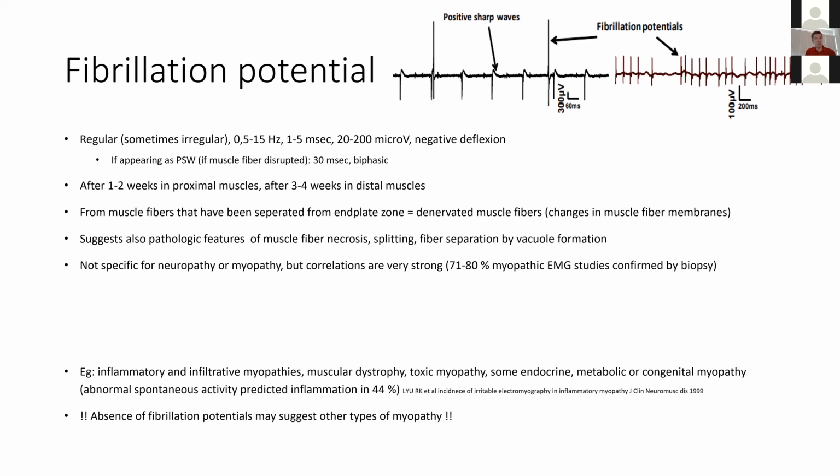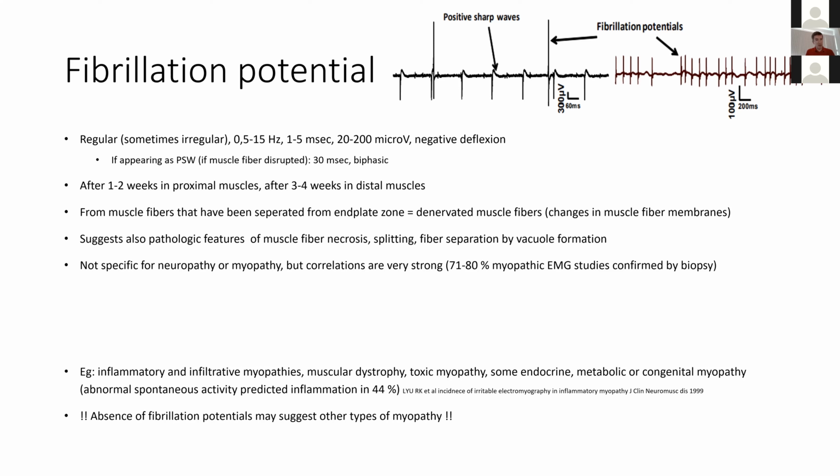However, fibrillation potentials are a clear sign of disease. They fire regularly, sometimes irregularly, with a frequency of 0.5 to 15 hertz. The duration is 1 to 5 milliseconds. The amplitude is about 20 to 200 microvolts.